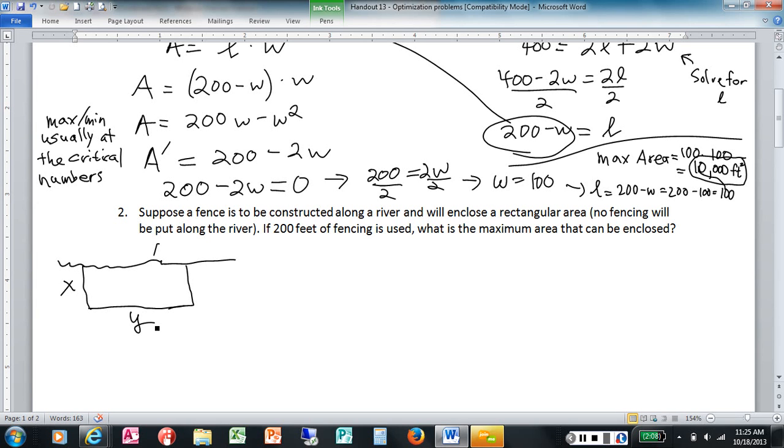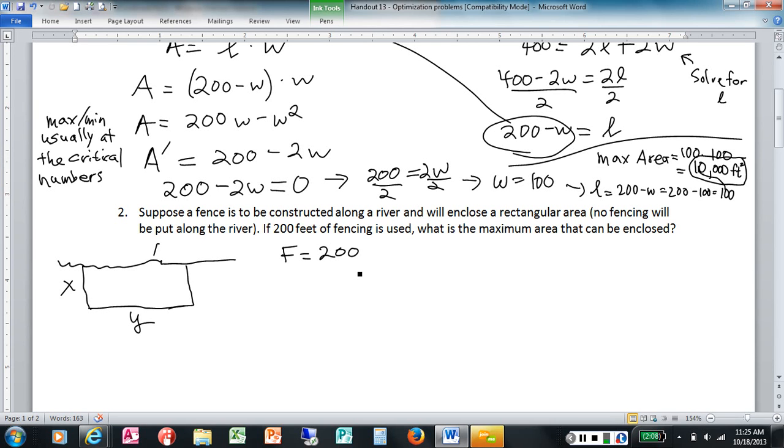So we want to make the maximum area we can, but we've got 500 feet of fencing. Or 200 feet of fencing. I say 500, I meant 200. We want to know the maximum area we can get out of that.